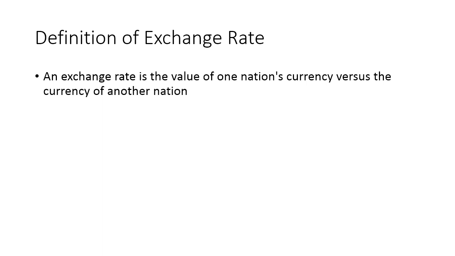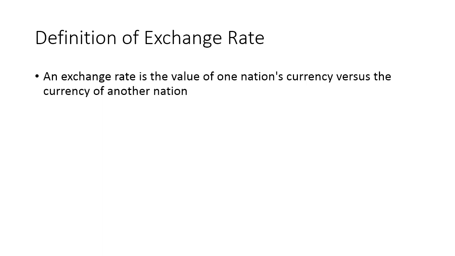If Malaysians want to buy a good from the United States, Malaysians will offer Malaysian ringgits to demand US dollars. Therefore, Malaysians will convert Malaysian ringgits to US dollars to buy the good. Currency from different countries will be exchanged in the exchange rate market.